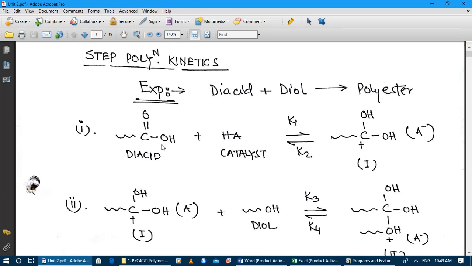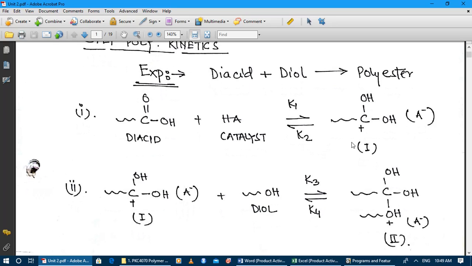So the diacid will react with a catalyst. This catalyst is HA, which is capable of donating one hydrogen when required. First of all, the diacid will react with the catalyst, and this will be a reversible reaction. K1 is the forward rate constant, K2 is the reverse rate constant, and an intermediate species 1 will be formed.